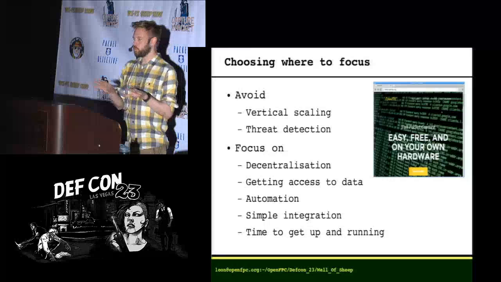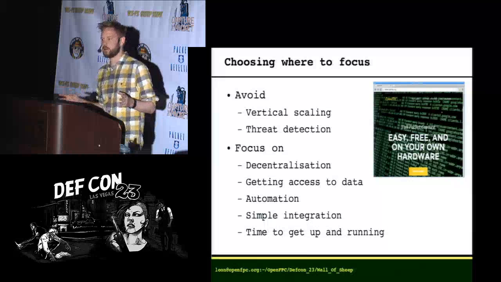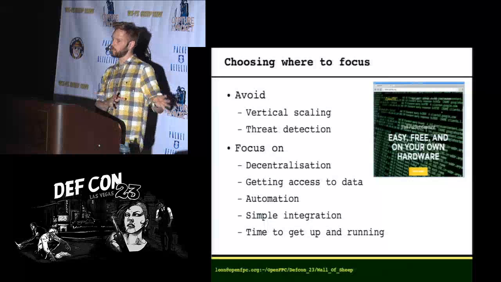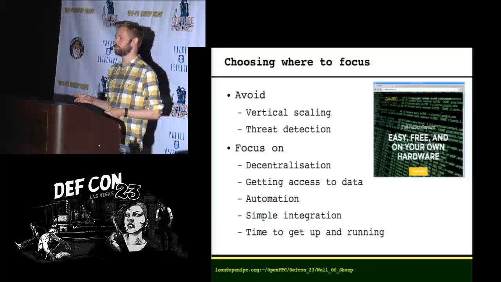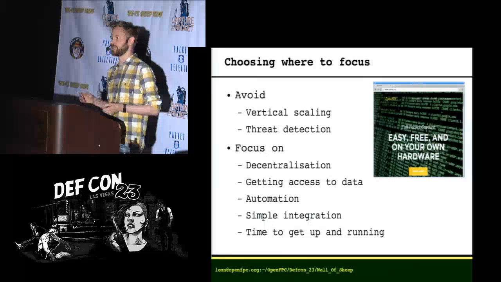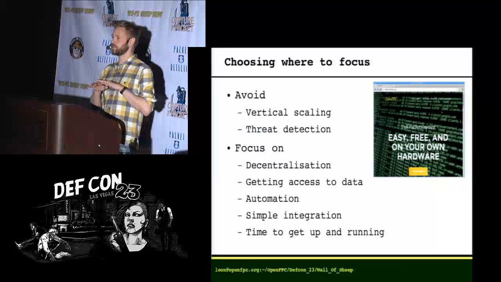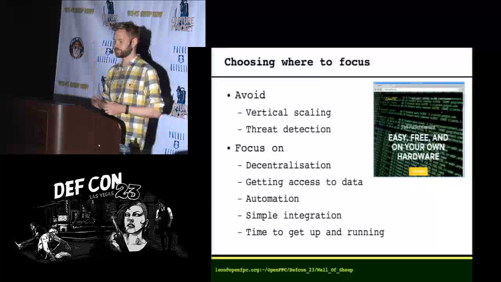So why could it be the best option for you in certain situations? When I designed it, I wanted to focus on very specific things and try and solve those specific goals and ignore other things. The things I wanted to avoid was vertical scaling. To try and deal with more data and different types of networks, I didn't want to say you've got to put more computational resource into the box. It's designed to scale horizontally through a distributed architecture rather than vertically.